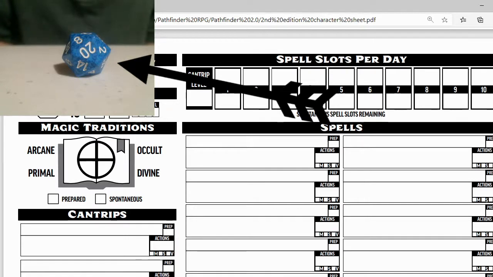This is the most important dice of them all. You will use this one constantly. This dice determines attack, accuracy, how well you do on skills, how well you do on saves, just about everything other than damage.